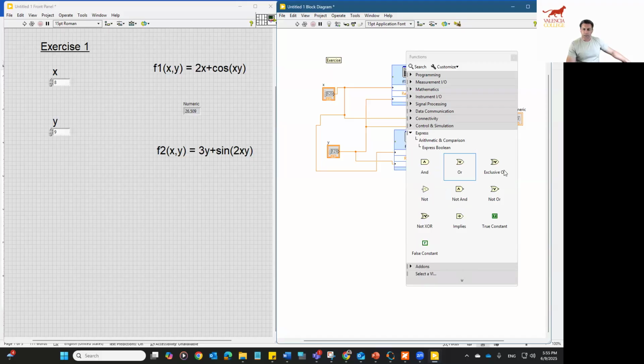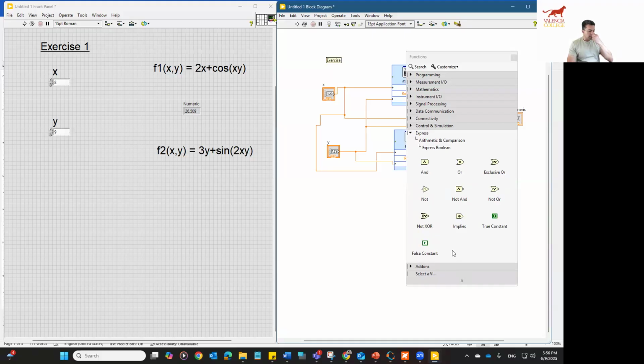AND gate, OR gate, exclusive OR, NOT gate, NAND gate, NOR gate, XNOR gate, all of these are also present here, that you used in PSpice before. All the gates that you use in PSpice are also located in the Boolean library.